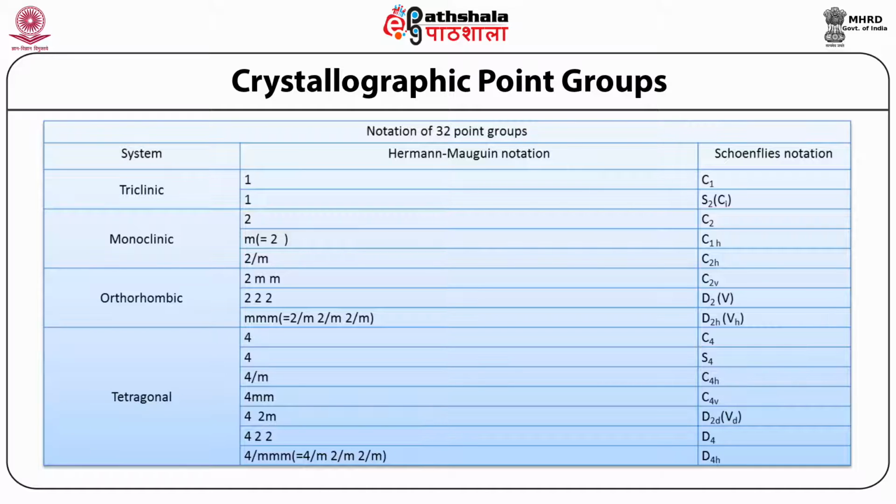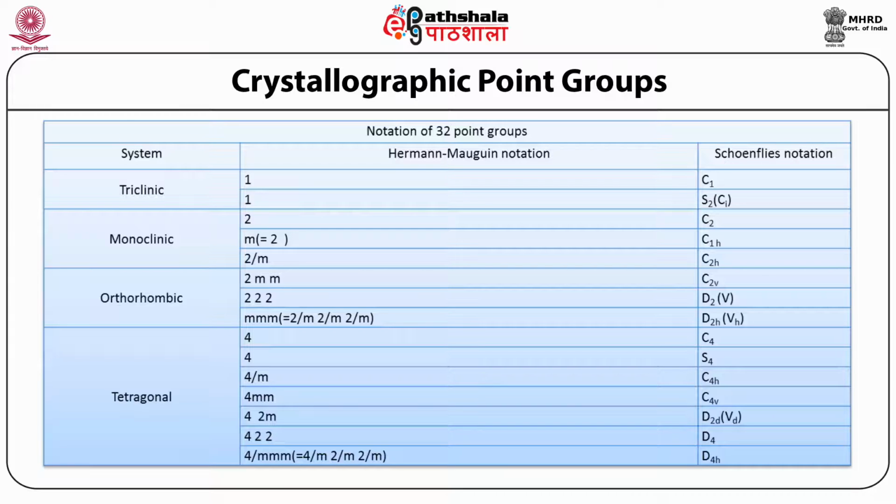Under Schoenflies notation, it is capital C subscript 2V, capital D subscript 2 within brackets capital V, capital D with a subscript 2H within brackets V subscript H. Then we have tetragonal system, which has notation under Hermann-Mauguin notation as 4.